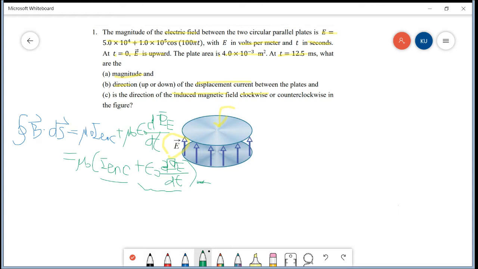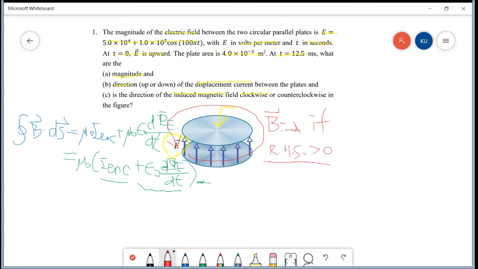According to Ampere-Maxwell's law, suppose the right hand side is positive, then there will be an induced magnetic field that is counterclockwise if the right hand side is larger than 0.